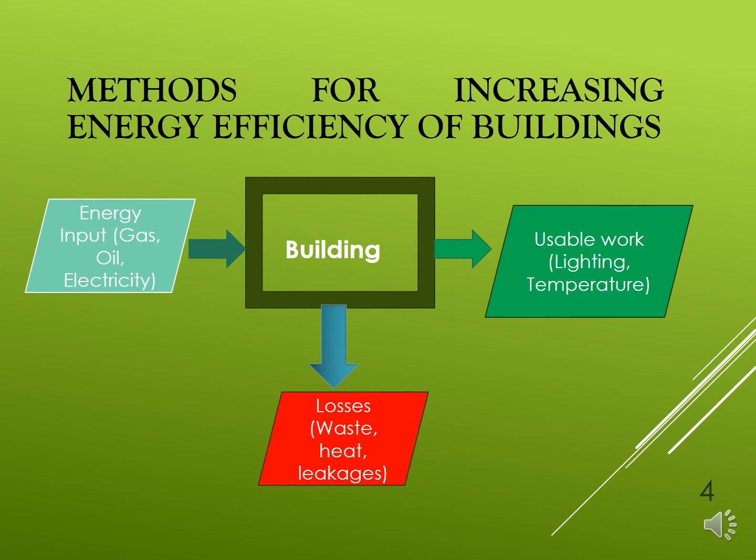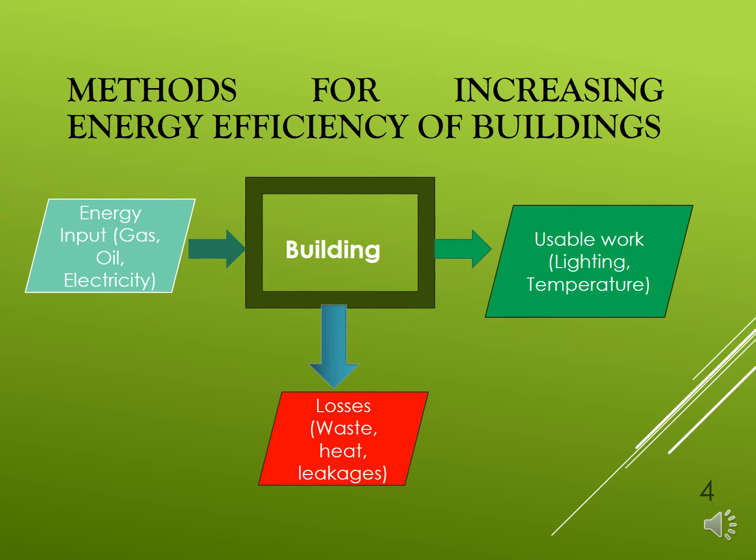This is a flowchart of the buildings. What are the useful works and how are the losses happening? Energy comes into the buildings from gas, oil, electricity. The buildings use these energy inputs, and the outputs may be useful work. Electricity we can use for lighting, gas for temperature, oil for cooking and other purposes.